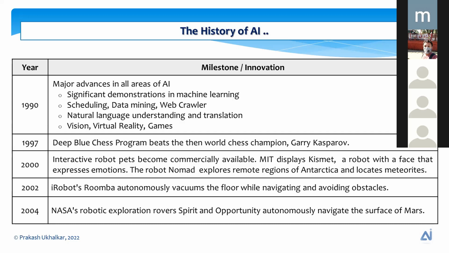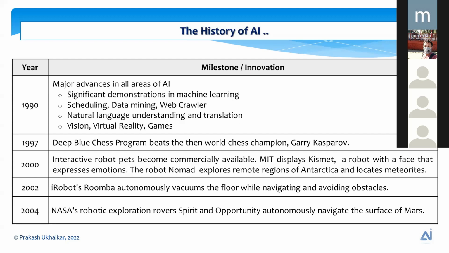Many such technologies came in the 90s. Again, I will mention, what we see today are the outcomes of those initiatives taken by researchers at that time. Then in 97, Deep Blue, one of the most famous programs developed, beat the then world chess champion Garry Kasparov. Can you imagine a computer program itself beating the world chess champion at that time, right?